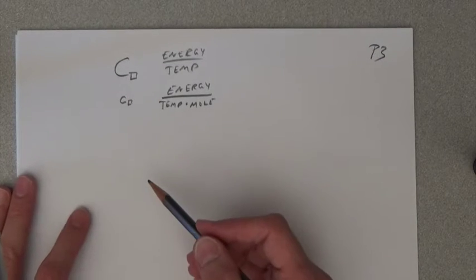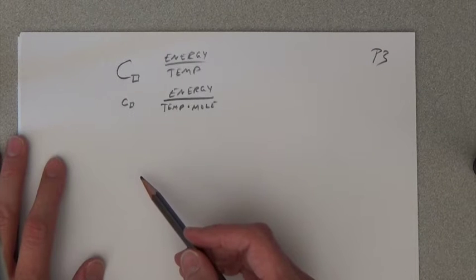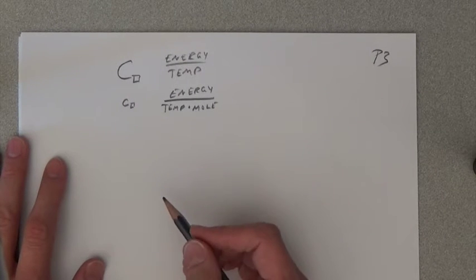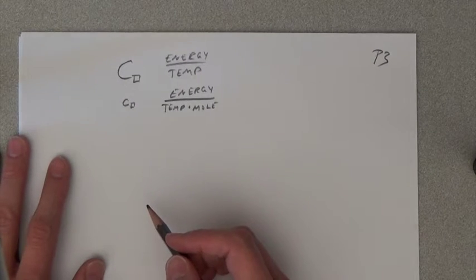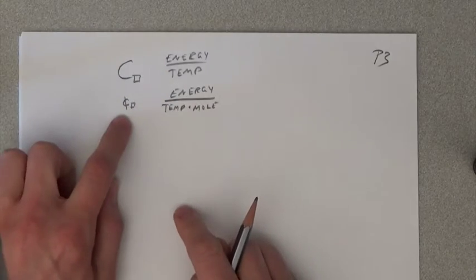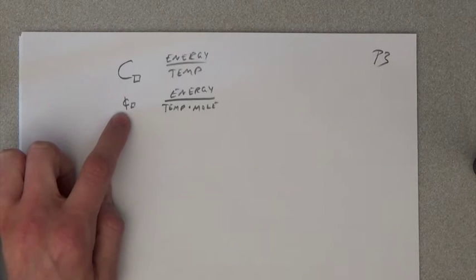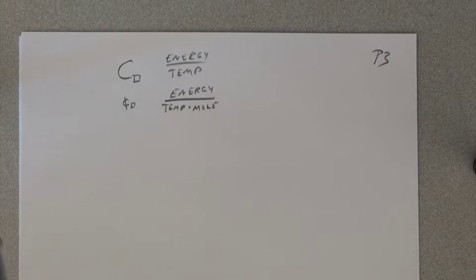When I write on the board or in my notes, it's kind of hard for you to tell the big and the little. The notation that I'm going to use is I'm going to draw a line through my C to mean molar quantity. That's just my personal notation. I haven't seen that in a textbook at all, because textbooks can use capital and lowercase a little more effectively than I can.